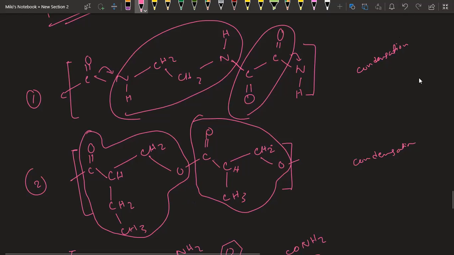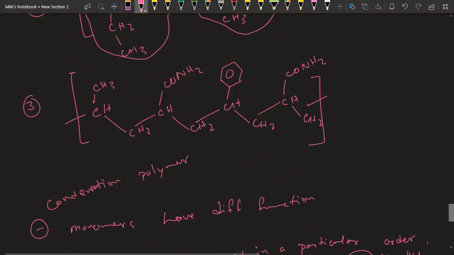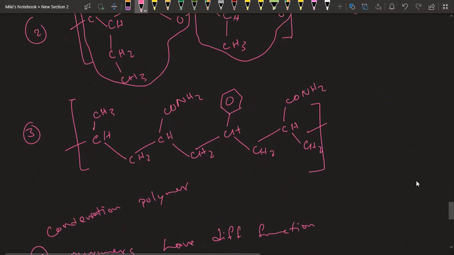It's fine if you don't get it right now, because these are much more relevant towards O levels. So if you don't have a solid grasp of polymerization of O levels, I would urge you to go through the polymerization of O levels if you have the resources available, because that will be much more helpful.